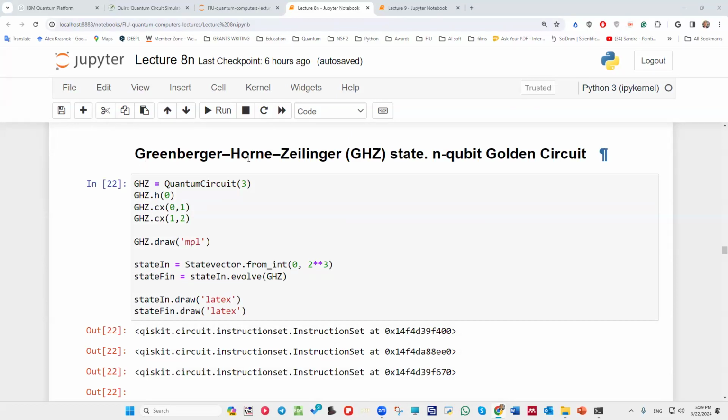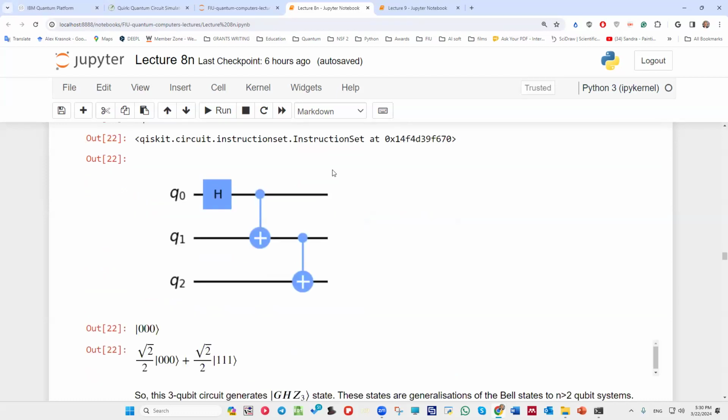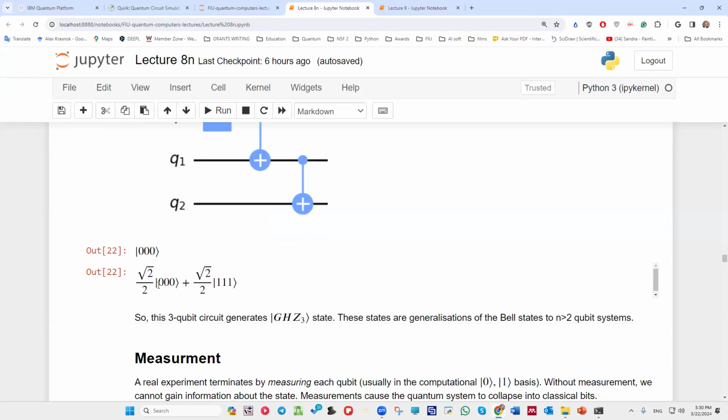A generalization of the golden 2-qubit circuit is the circuit generating the GHZ state, or Greenberger-Horne-Zeilinger state. For example, for a system of 3 qubits, it looks like this. So you basically entangle 3 qubits, and the resulting state looks like this.